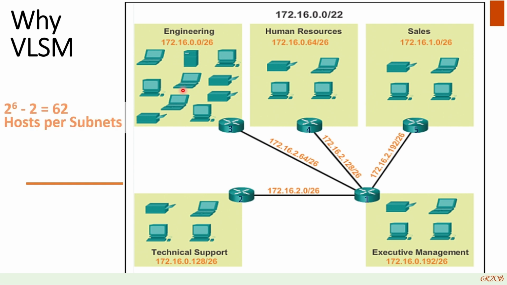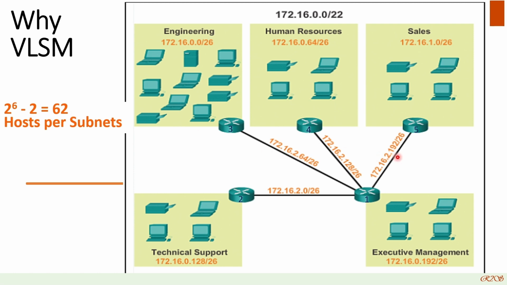Out of 62, we are allocating 55, so we are using almost every IP address. But look at the network between router 1 and router 3: we need only 2 IP addresses, one for the port of router 1 and another for the interface of router 3. We need only 2, but 62 are available for this network, so 60 IP addresses are not used.